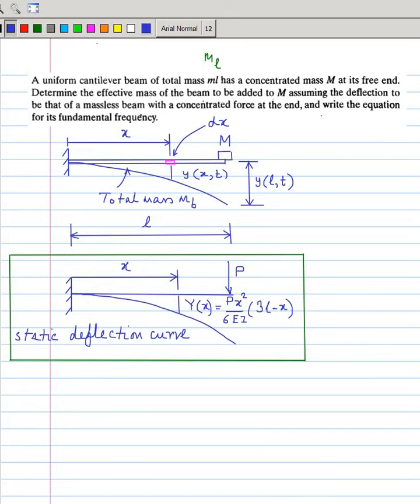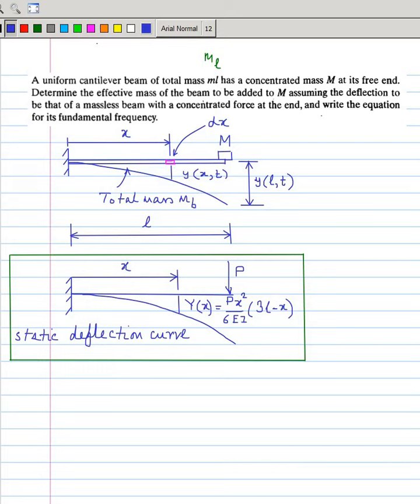Determine the effective mass of the beam to be added to capital M, assuming the deflection to be that of a massless beam with a concentrated force at the end, and write the equation for its fundamental frequency. That means the deflection at any point is y(x,t), a function of x and also a function of t, and the function of t is a sine function.